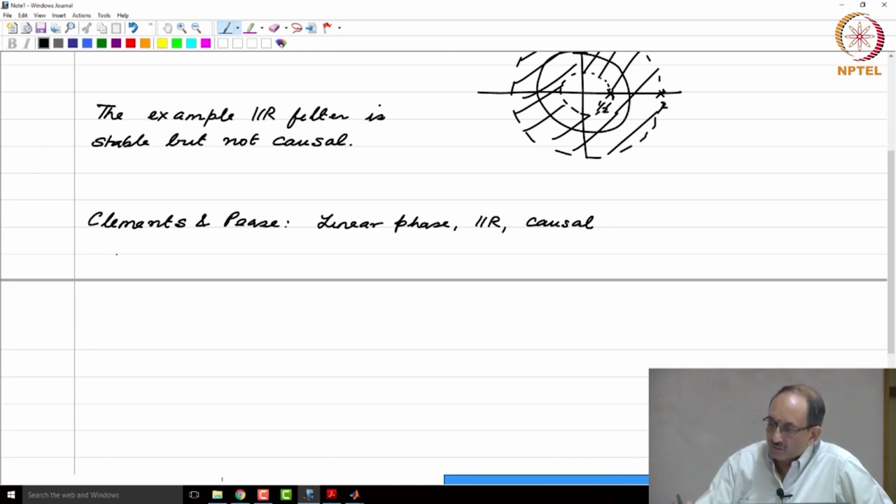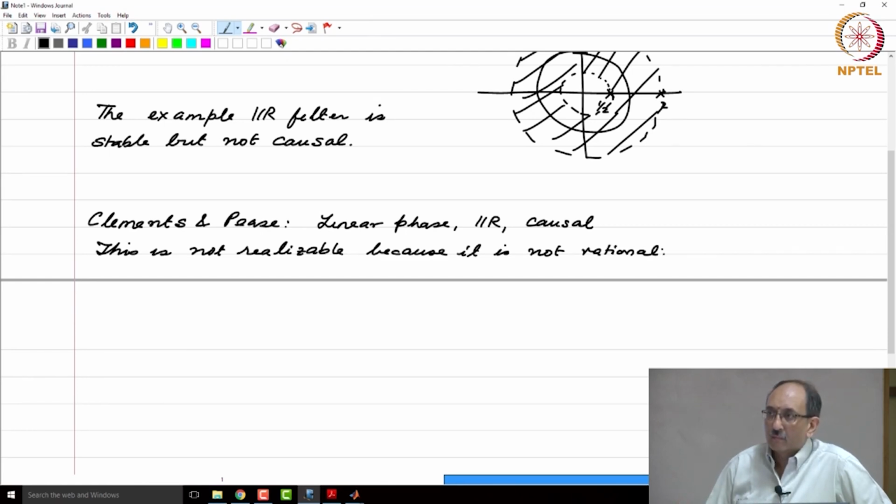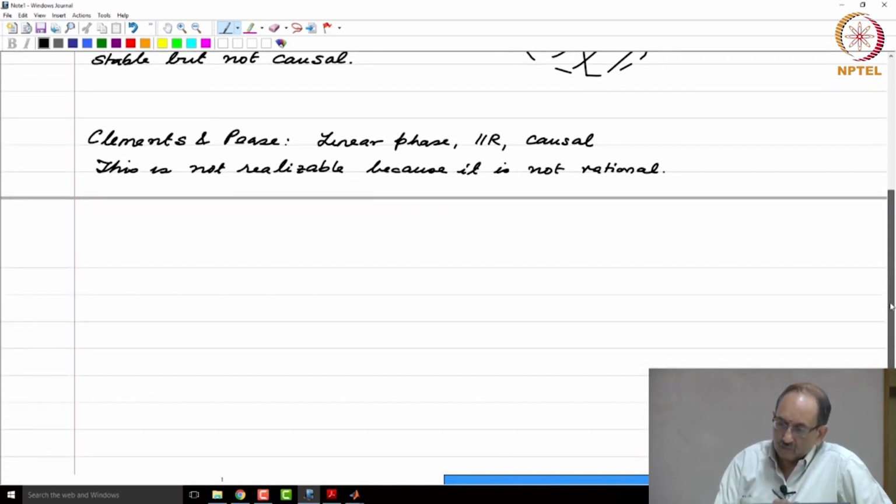The point is, this is not realizable because it is not rational. Okay, what is the use of a filter that is not realizable?